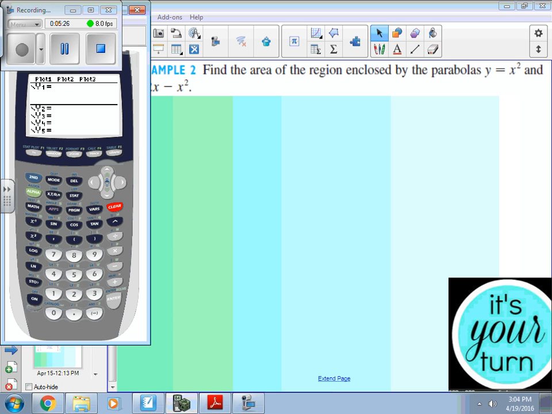So let's graph both of those, x squared, and we also are going to be graphing 2x minus x squared. If we graph, we see that you get these two parabolas here, and I'm going to go a little bit closer so we can see that a little bit better.